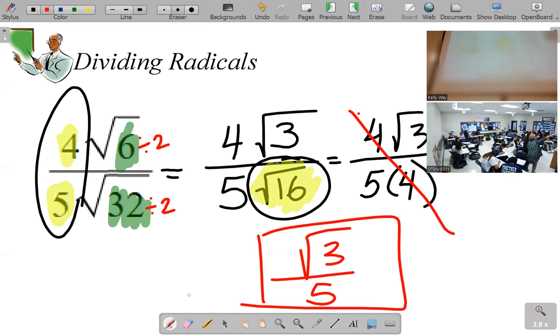Oh, I only circled the 16. For example, what's the square root of 4? So we know 2 times 2 is 4.